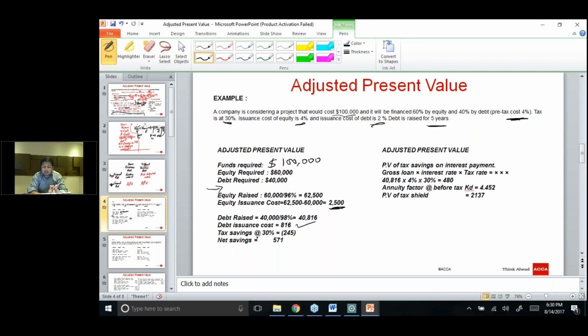Normally, debt issuance cost is an allowable expense. So if the issuance cost is an allowable expense, you can claim tax saving. Let's suppose the tax rate is 30%, which is given. You can claim saving on this $816 that will be equal to $245. So after netting off, it's not saving, it's net issuance cost.